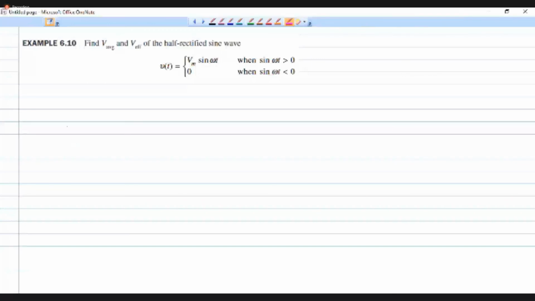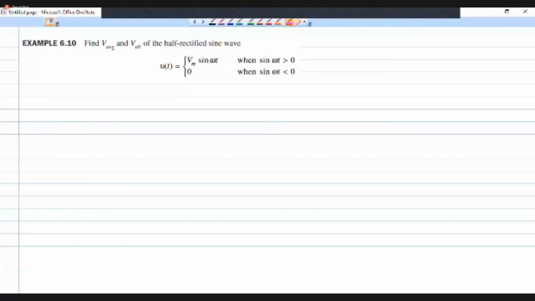So find out what is the average value and the RMS or effective value. So what is V average? First, let us write the original equation.